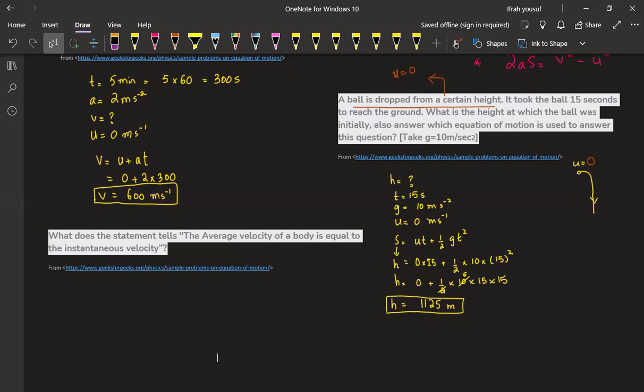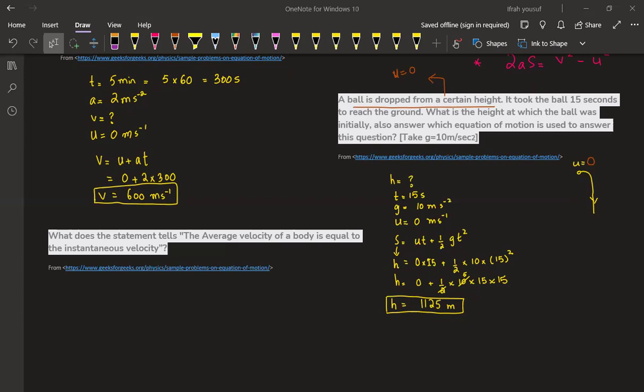And if the average speed becomes equal to the instantaneous speed, that means throughout the motion there is no variation in the speed. Are you getting my point?